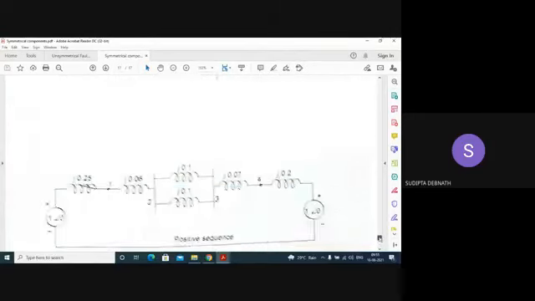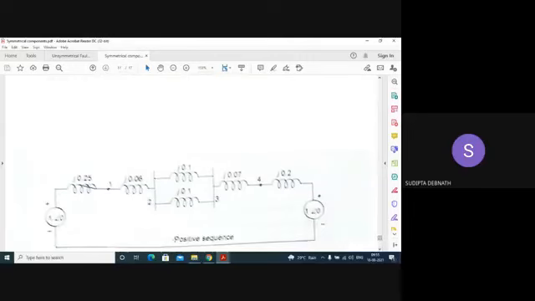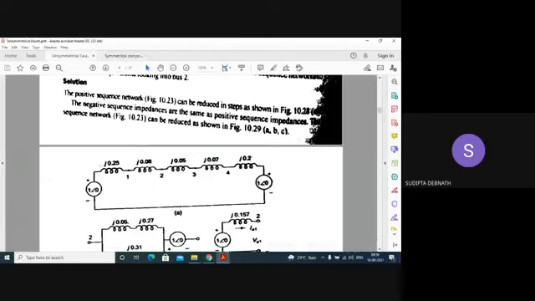What they have done, the positive and negative sequence will be the same, only in negative sequence there will be no source. So 0.25 in series with 0.06, and these two will be in parallel. It will be 0.05, this is 0.07, this is 0.2, like this. Now when fault occurs at terminal 2, this is short circuited.